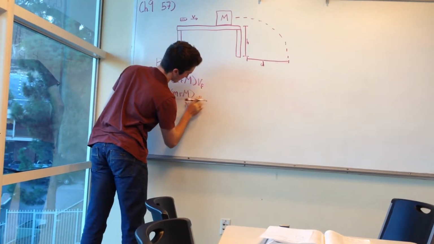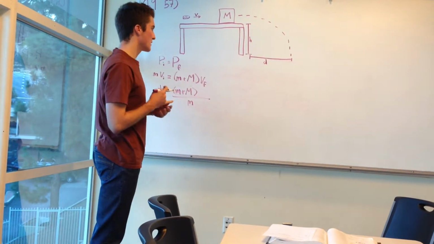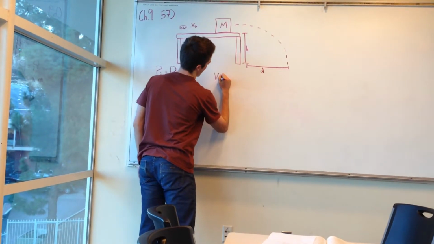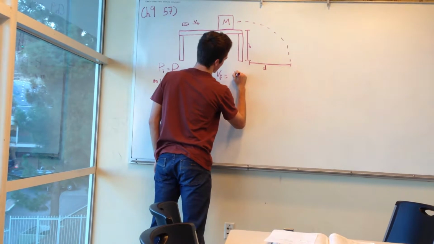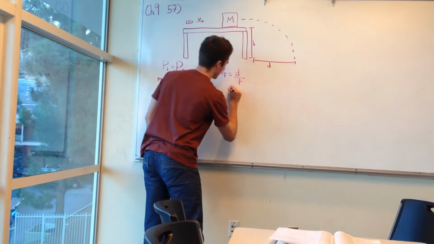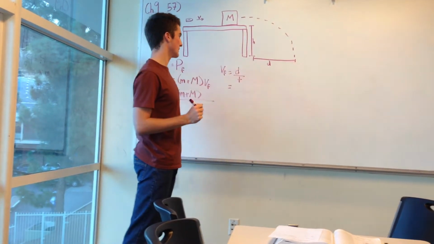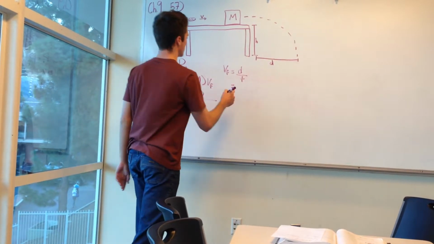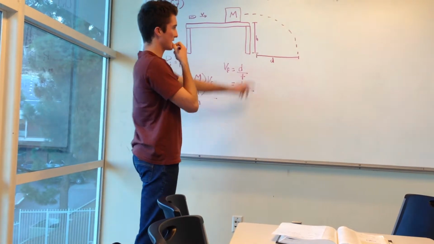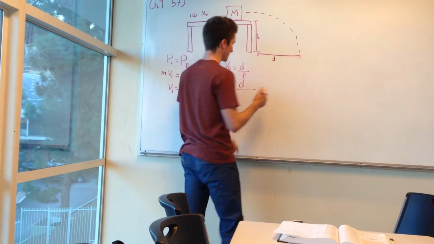And so now we have to solve for velocity final because that's an unknown variable. So velocity final equals distance over time, and we are going to get the distance is d, and then the time we are going to get from the kinematic of the block falling h distance.